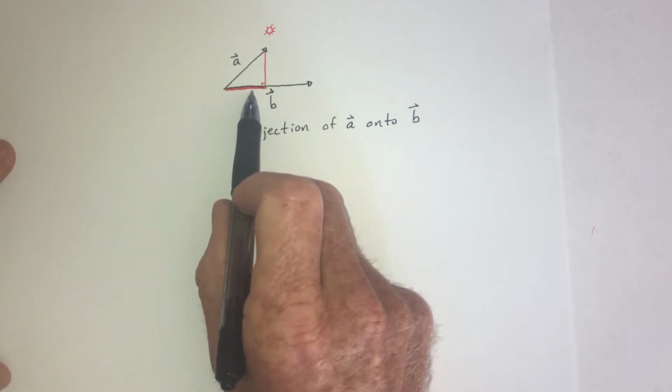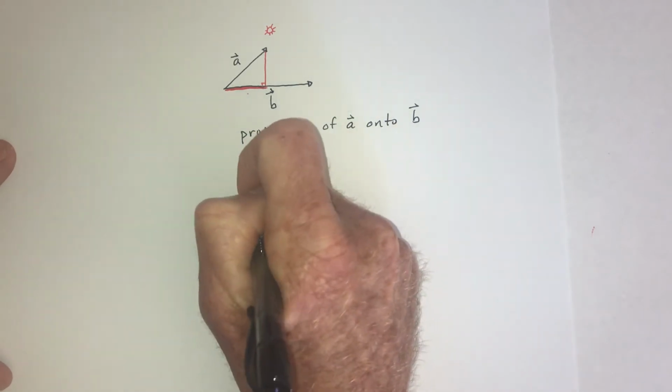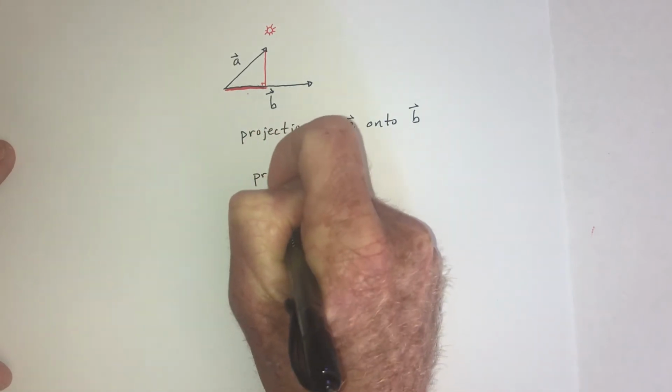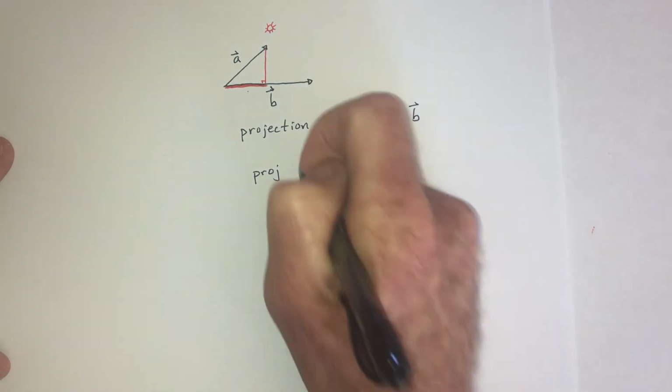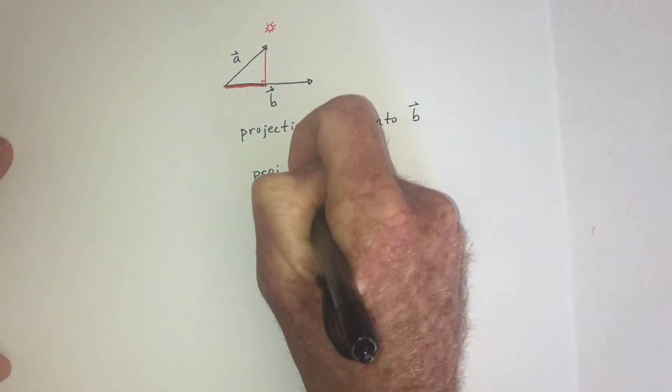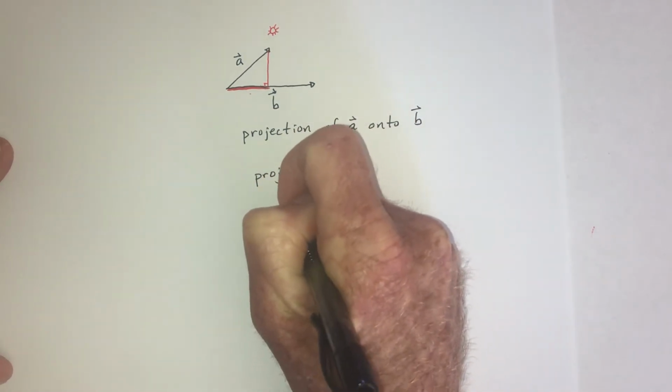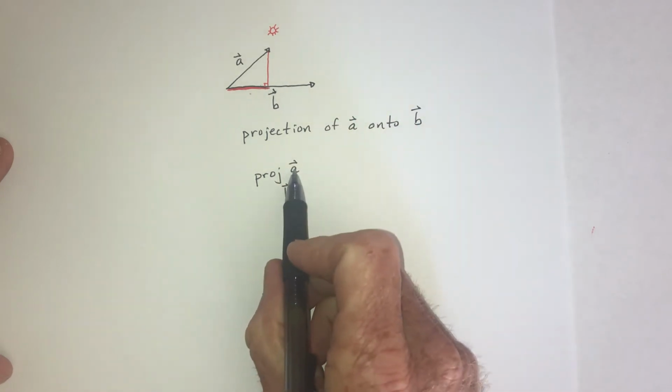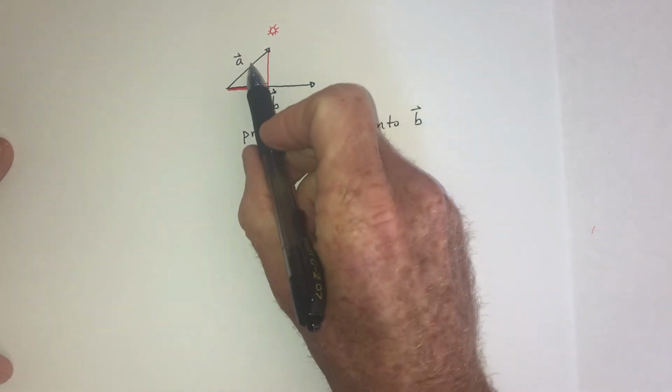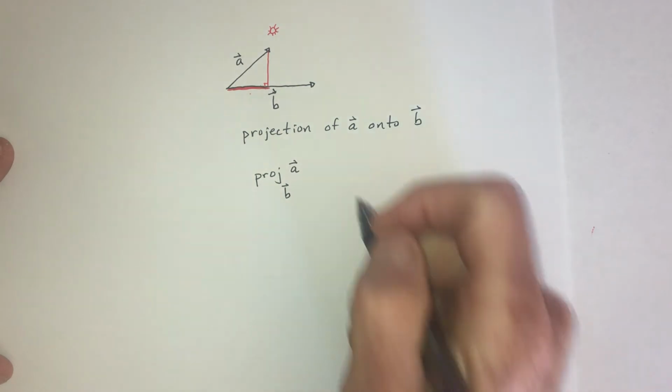And what vector is that? So first of all, we abbreviate it and just say proj of A onto B. So the A is the top one, the B is the bottom one.